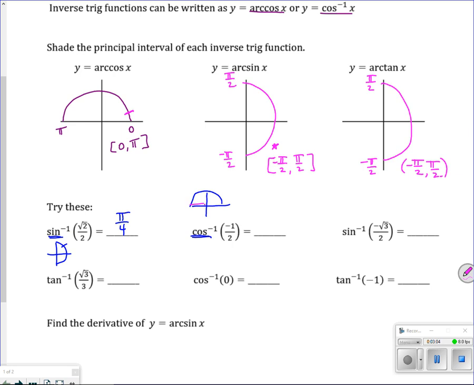If it's negative, I'm going this way. Negative 1/2 would be up there, which is 2 pi over 3. Inverse sine of negative square root 3 over 2: if it's negative, I'm going down. But how do I name it? I do not name it 5 pi over 3. I name it negative pi over 3.